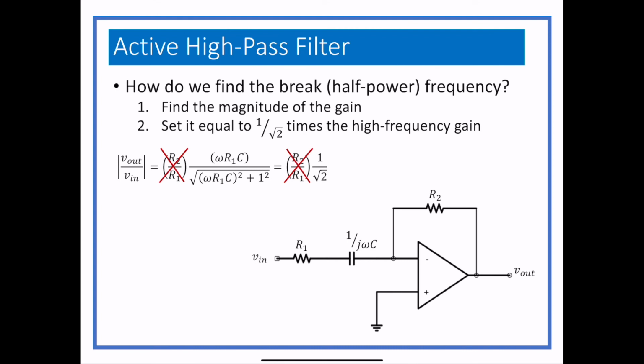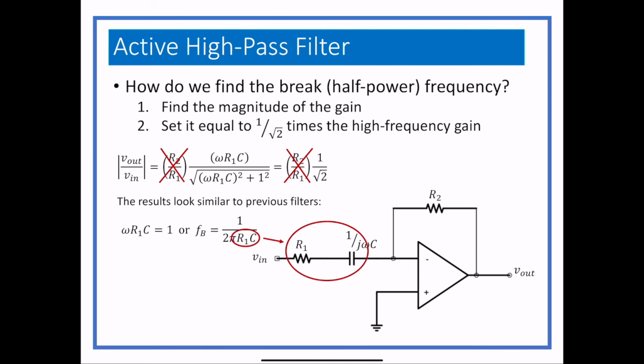Again, omega R1C needs to be 1 in order to make this work. Otherwise, it won't work. So the break frequency is now 1 over 2 pi R1C. And again, we're using the one that is physically connected to the capacitor. So all break frequencies are calculated using the resistor that's actually physically connected to the capacitor, not the other one.